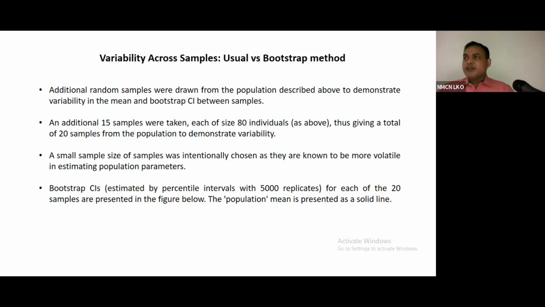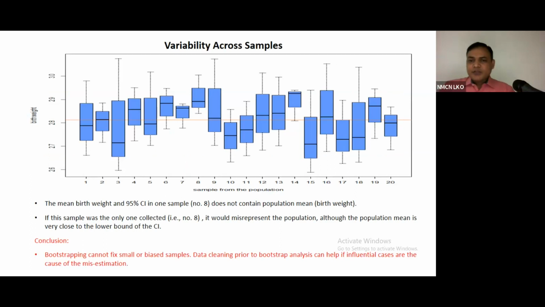When we see the variability across the samples, we found that 95% of the time the population mean falls within the 95% confidence interval of the sampling distribution.